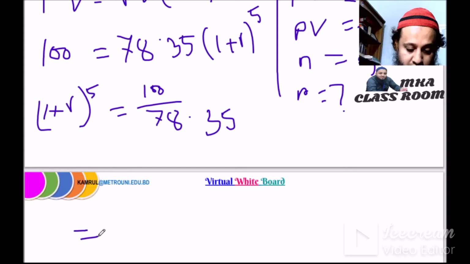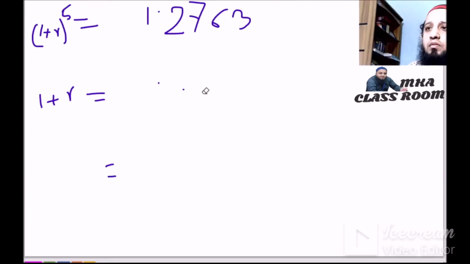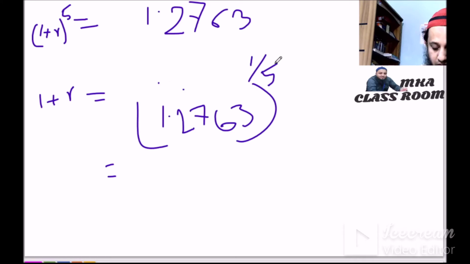Then 1 plus r equals 1.2763 power 1 by 5.